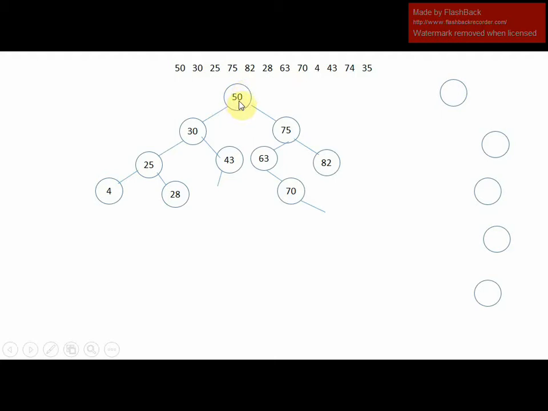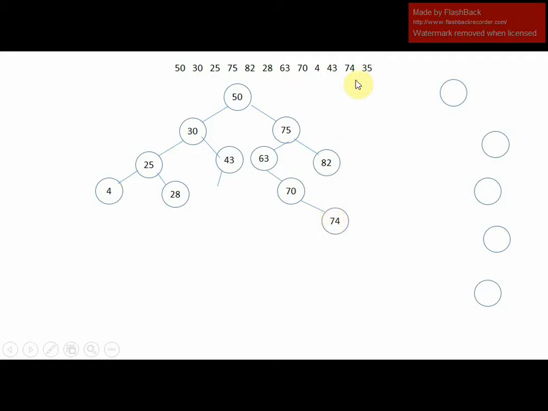It is more than 50, however it is less than 75. We still have the same problem, but we've got 2 nodes full here, so we can't put it on the left of 75. So we're going to have to keep travelling down. Okay, so if we have a look, it's less than 75, so we're going to go left. However, it is more than 63, so we're going to go right, and it is more than 70, so we end up on the right hand side.